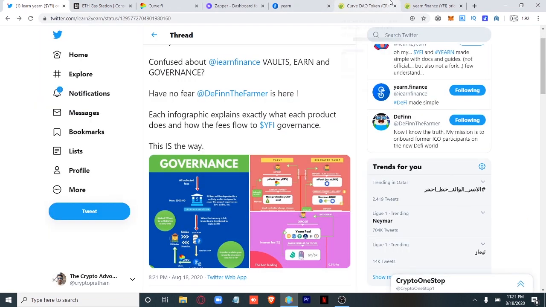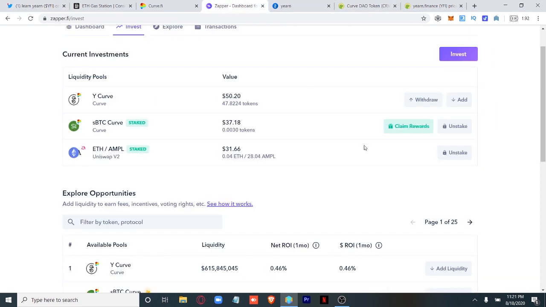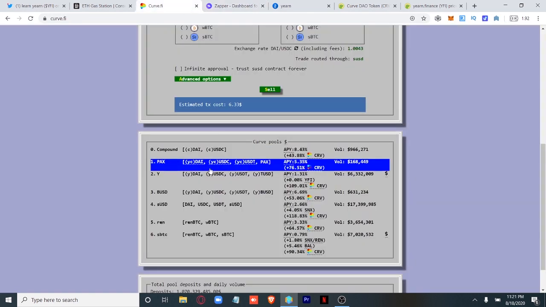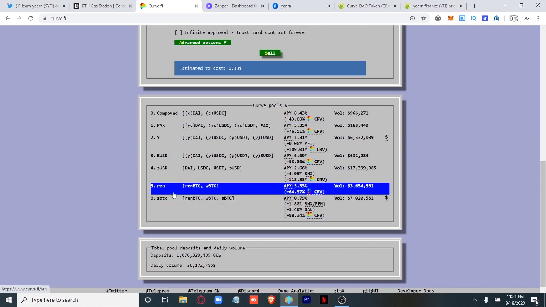Do share this video with your friends, because you can also earn from your Bitcoin here. Same thing, you just have to put it in the Curve pool. Here you have to put in the SBTC or REN pool. That's what a lot of people have been doing.